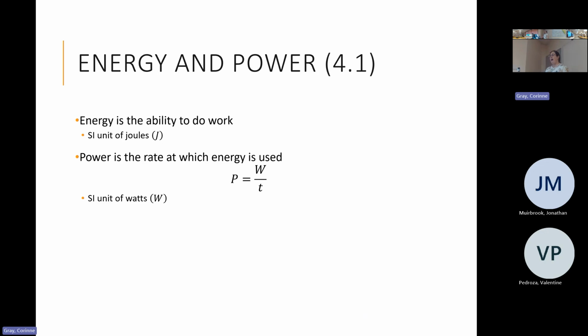Power is how fast you are using that energy. So here with the general definition for power, it's work per time, or you can use energy per time. And it has the SI unit of the watt. Does anybody know the imperial unit for power?